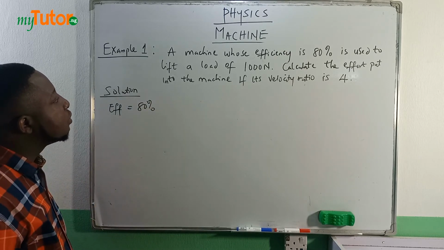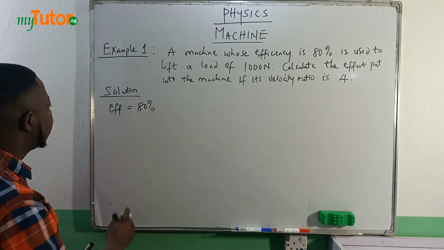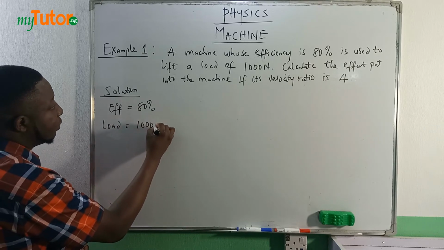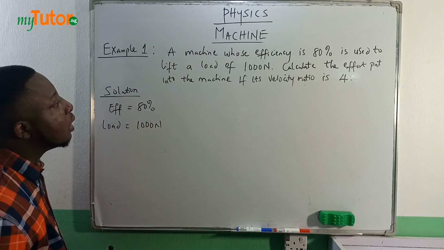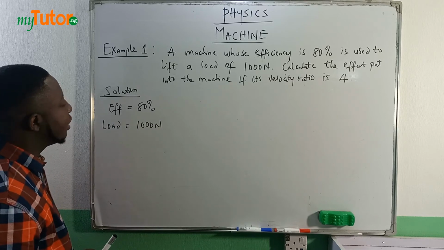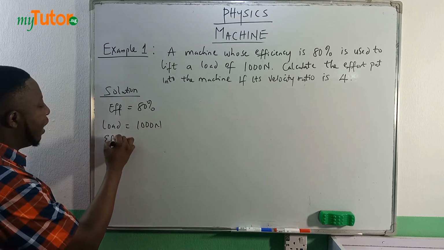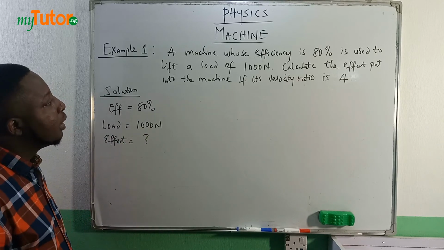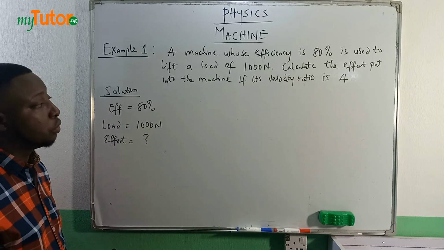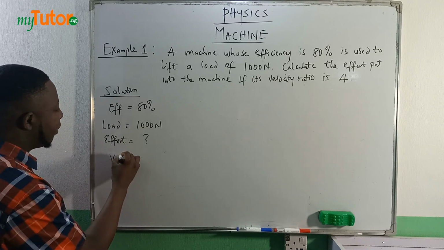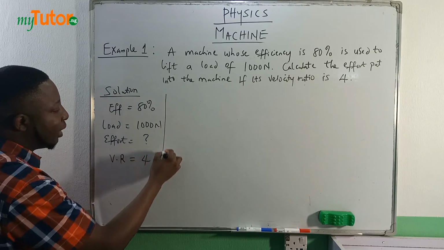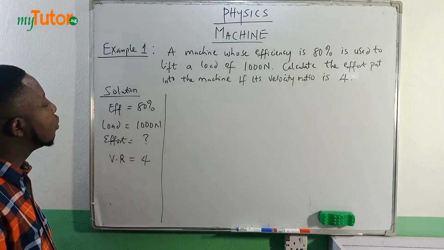The load is equal to 1000 Newton. We're asked to find the effort applied into the machine, and the velocity ratio is equal to 4.